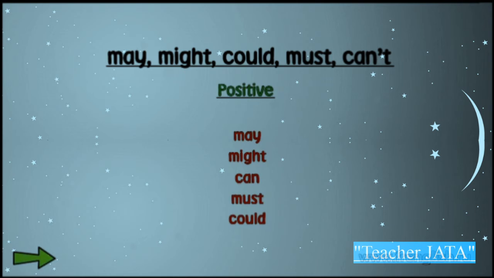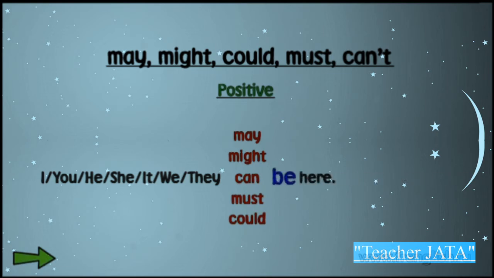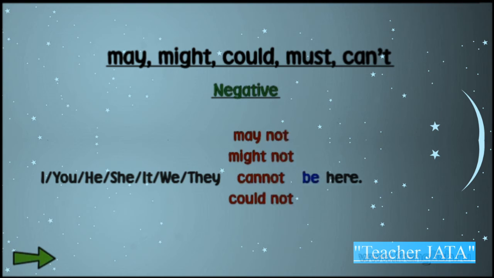They are the same for all persons. They are followed by the base form of the verb. We form the negative with not. We usually contract the negative form of could and can.